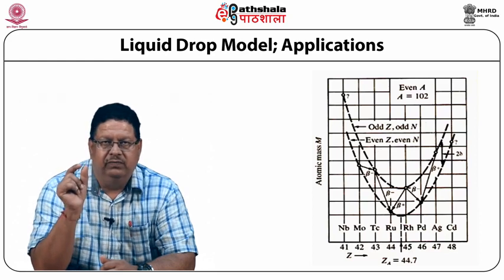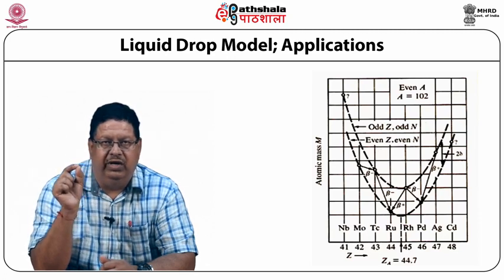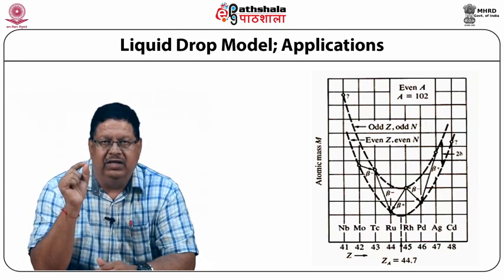Now from the picture, we can see that, so far, from whatever experimental observations there are, we can draw two conclusions for even A nuclei. Number 1, there is no stable odd-odd nucleus. What does that mean? The change of mass with Z makes the two parabolas narrower, with steeper sides.